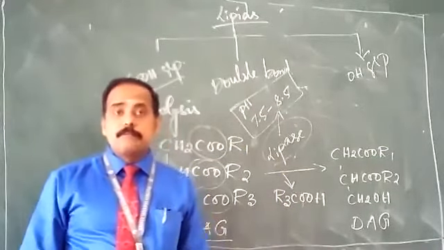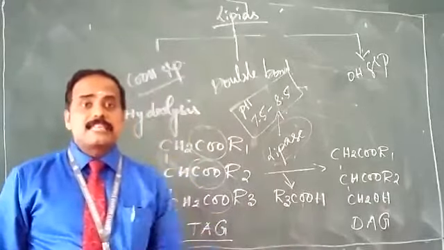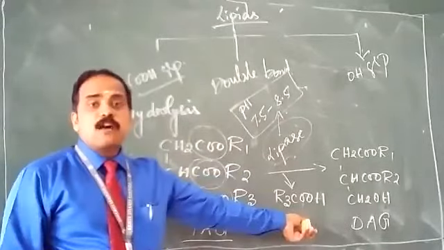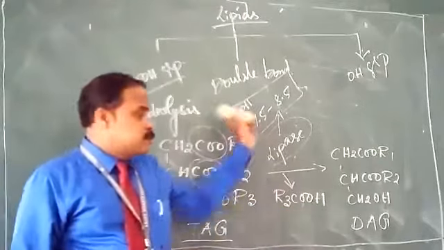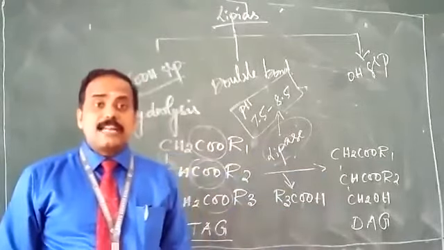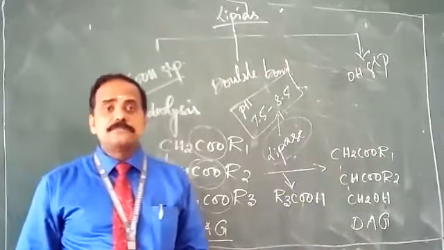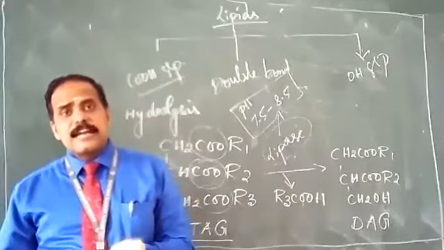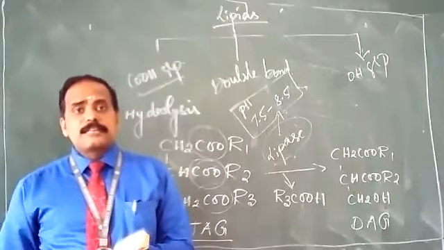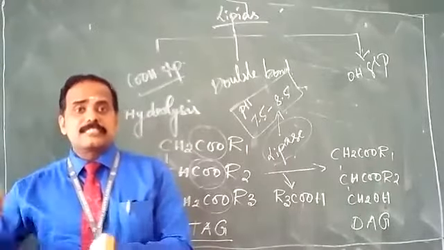That means it is able to hydrolyze triacylglycerol. With the removal of one molecule of fatty acid, it is converted to diacylglycerol. It releases fatty acid whenever we hydrolyze lipids.